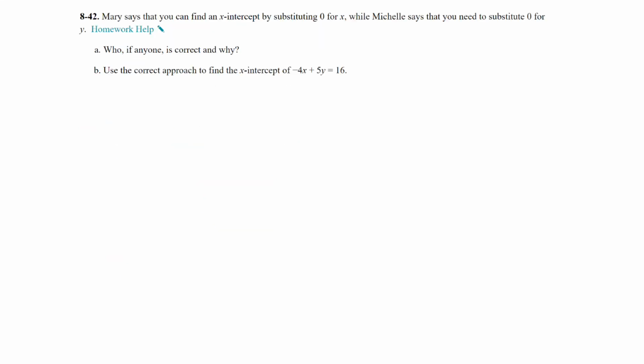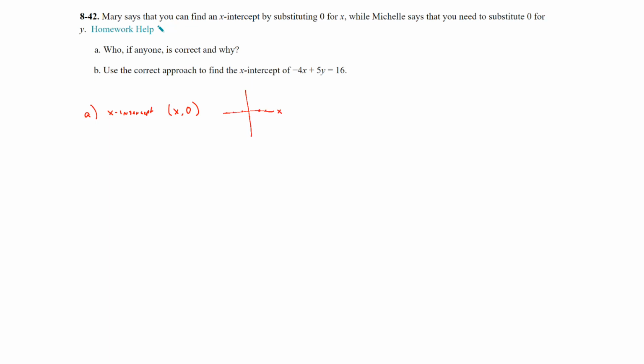Question 42. Mary says that she can find the x-intercept by substituting 0 in for x, while Michelle says that you need to substitute 0 for y. Who, if anyone, is correct and why? So if we're looking for the x-intercept, we're looking for the x value when y is equal to 0, because these are the points that we would be looking for on the x-axis.